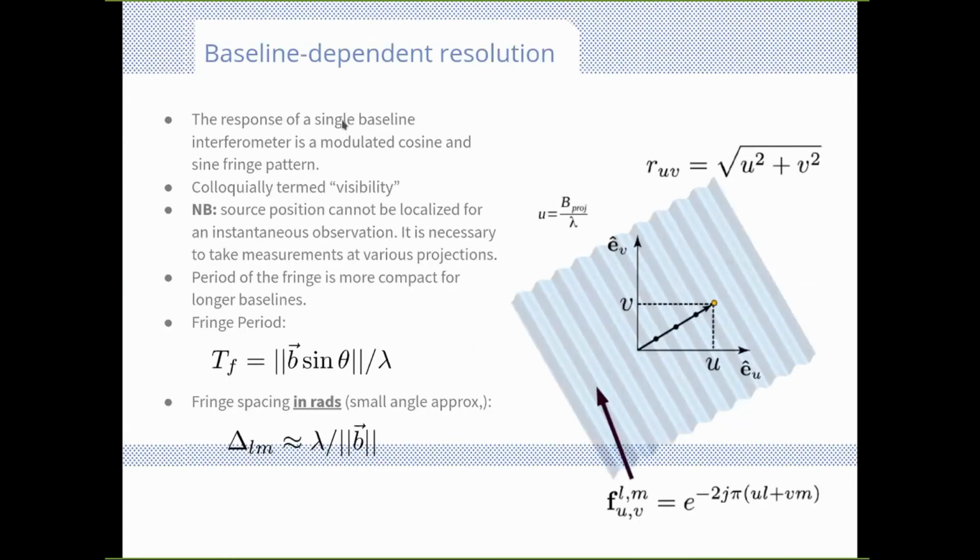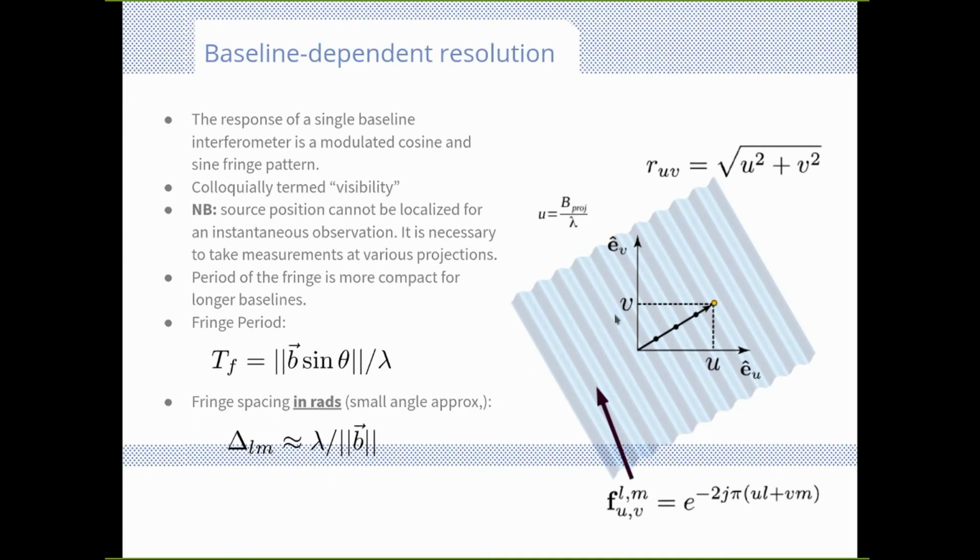Then we have baseline dependent resolution here, and this is primarily driven by how far your spacings are placed apart. So if you have antennas P and antennas Q, and they're placed apart by some spacing, so some distance B here, right?